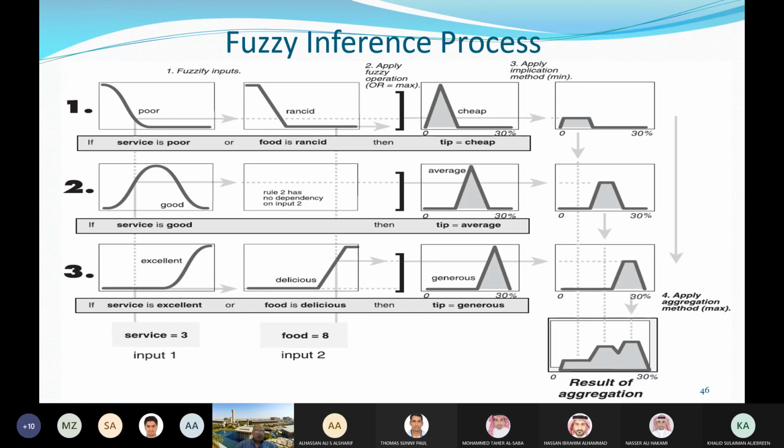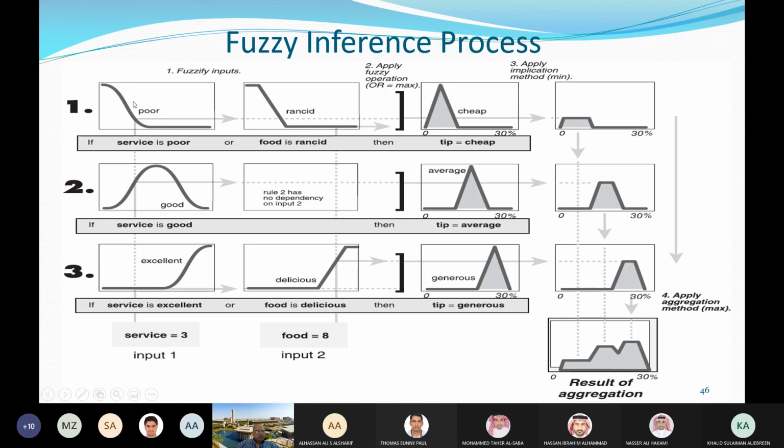Here, for this example of the restaurant again, assume that you have surface and you have 3 values for the surface: poor, good, and excellent. And actually, we divide the values here just for explanation. You can have the membership function of the good here, and then the excellent there.